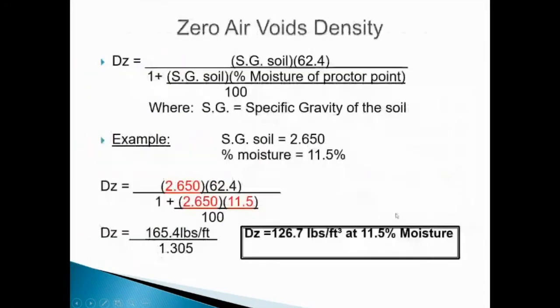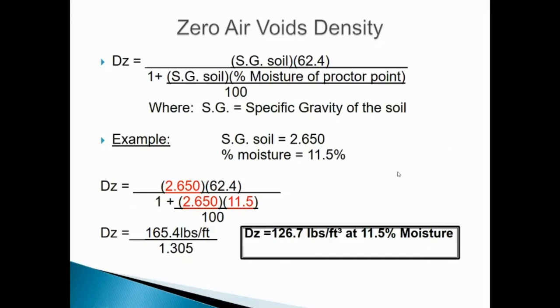So now to calculate zero air voids density, this is provided to you in Appendix 3 of your soil inspection manual, and you will be expected to do this on your exam. We need the specific gravity of your soil particles. This 62.4 value is the unit weight of water, and we determine this at various moisture contents to develop that zero air voids curve.